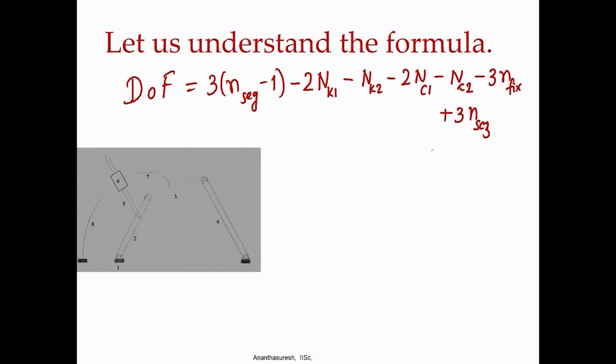I am just writing the formula: if there is a segment that has segment compliance 2, and then segment compliance 1, that is how it is.